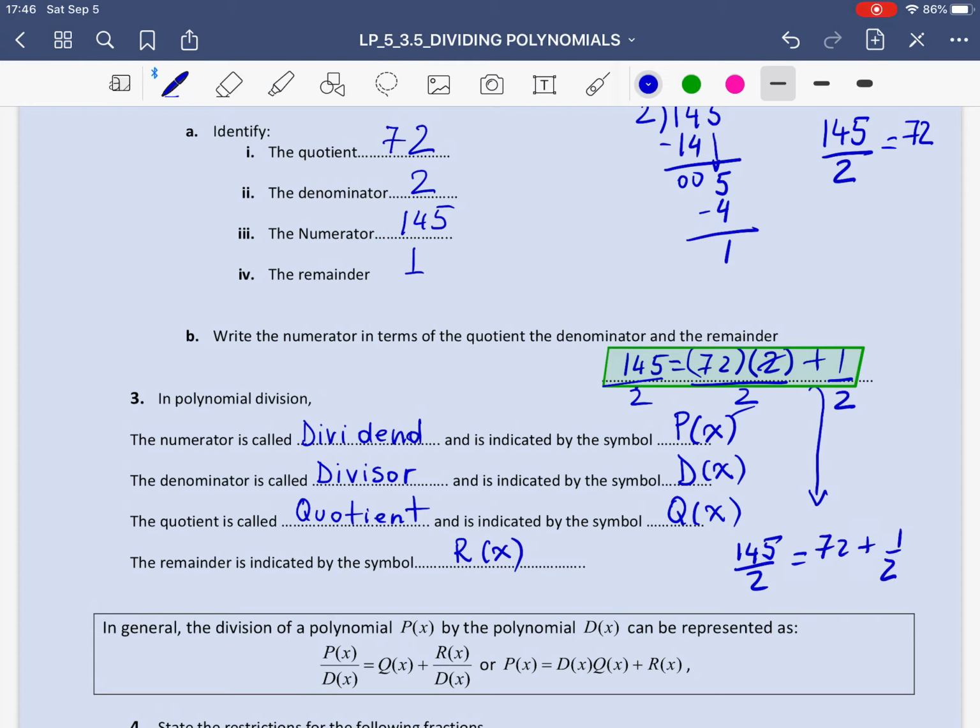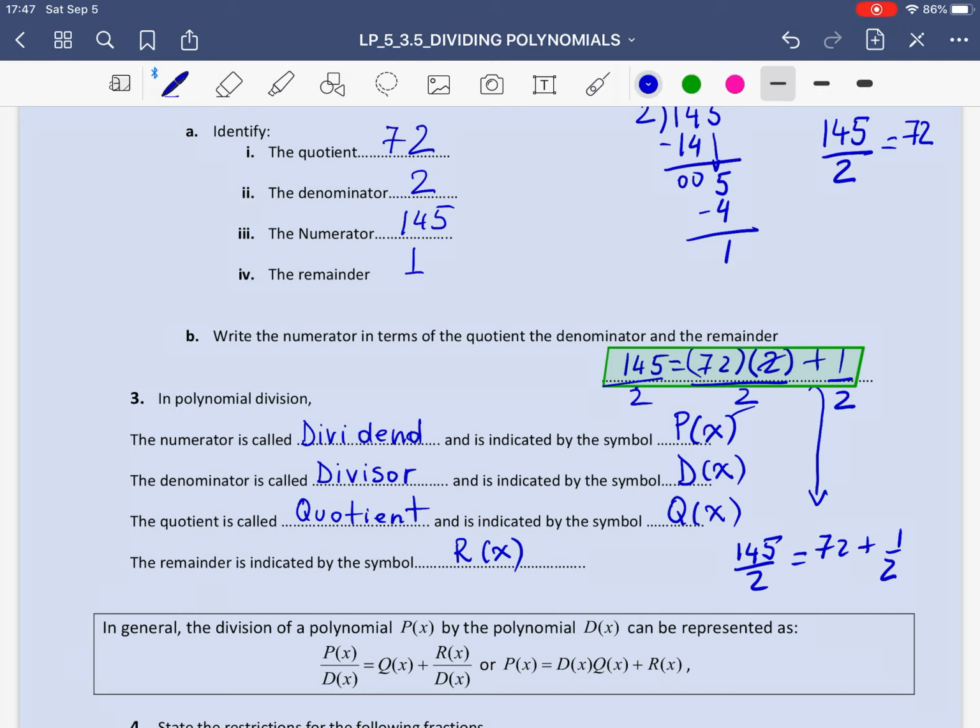In other words, 145, which is the dividend, p(x), divided by 2, which is the divisor, is equal to the quotient, q(x), plus the remainder divided by the divisor. Or in other words, p(x) equals d(x) times q(x) plus r(x).